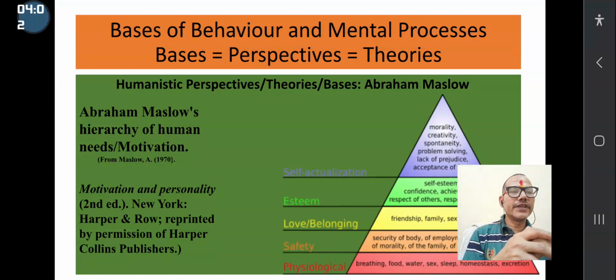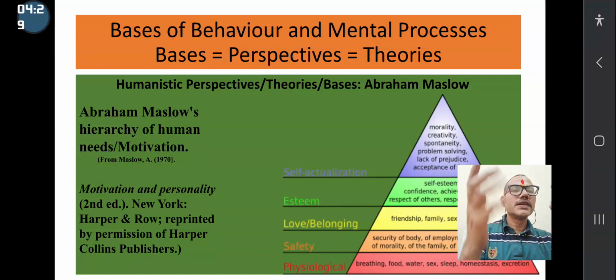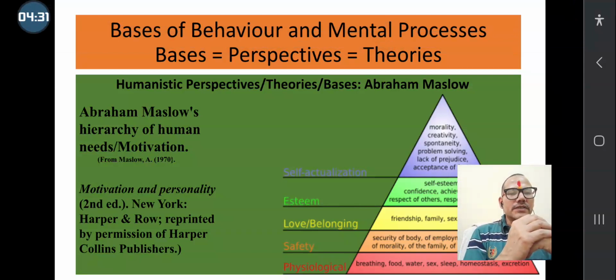And the fourth need is the self-esteem or self-respect need. The self-esteem need inculcates confidence. It is enhanced through systematic achievement of goals, attaining certain kinds of skills, and self-respect is revealed by respect for oneself as well as respect for others.